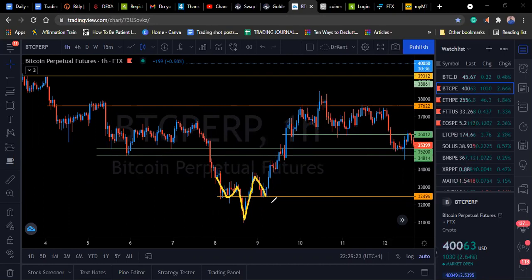So the aggressive guys like myself, I bought here that day and I called it on the group. So what happens? It pushed up, broke past the neckline, or you can do it like this. So the conservative guys will wait for a break here.